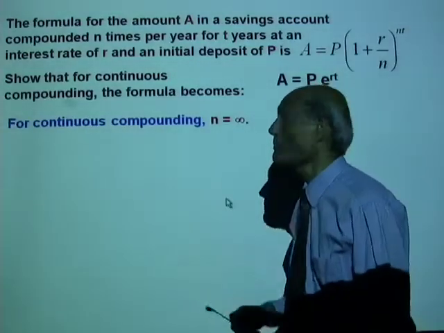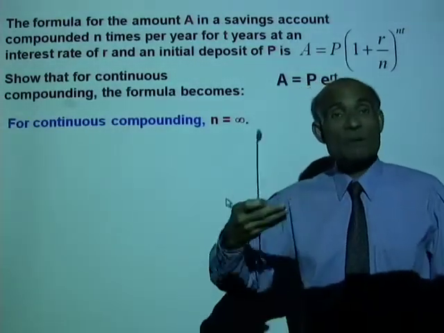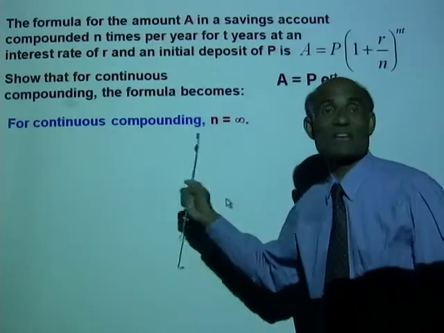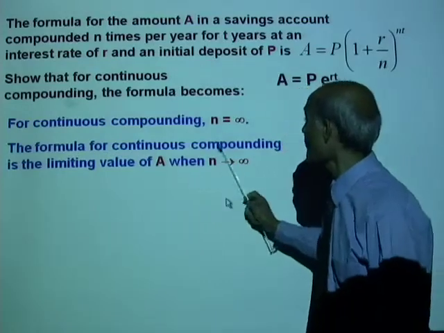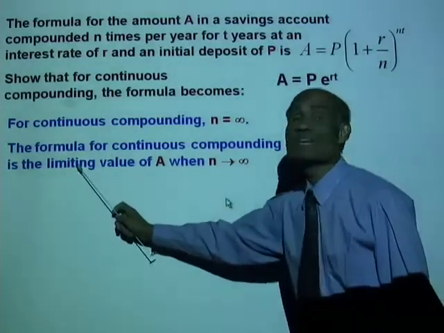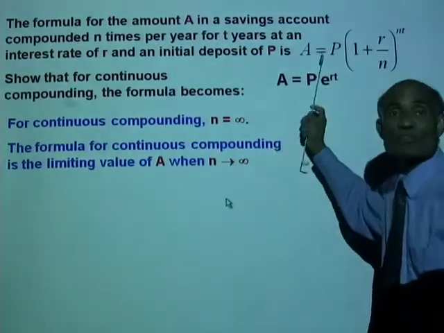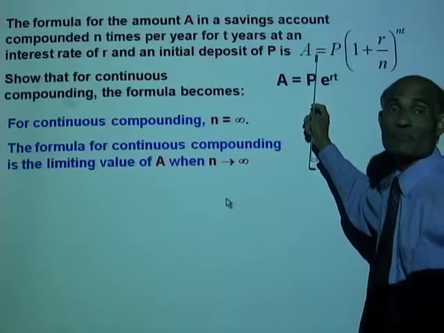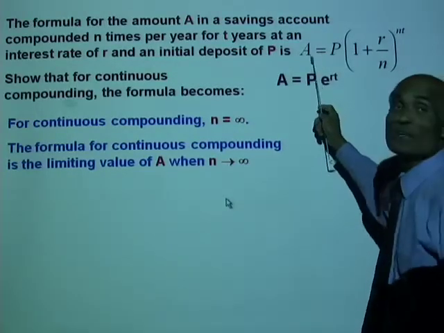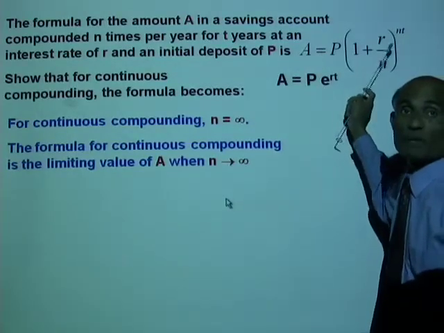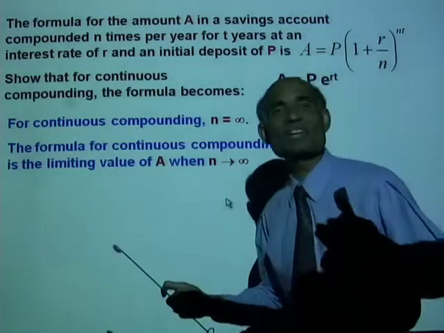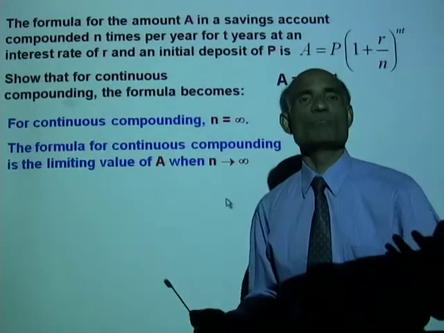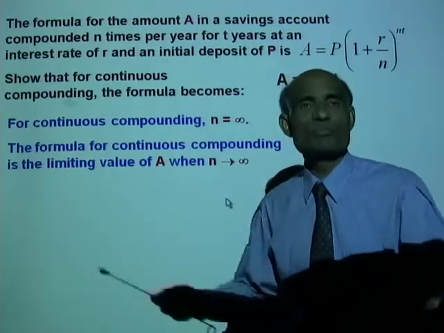So, continuous compounding means n, the number of times the interest is calculated, is infinite. And the formula for continuous compounding is the limiting value of this A. This gives you the amount A after t years if interest is calculated n times a year, where n is finite, no problem there.